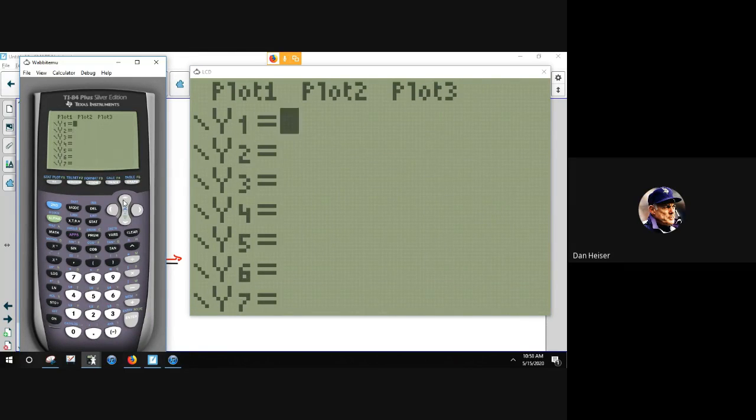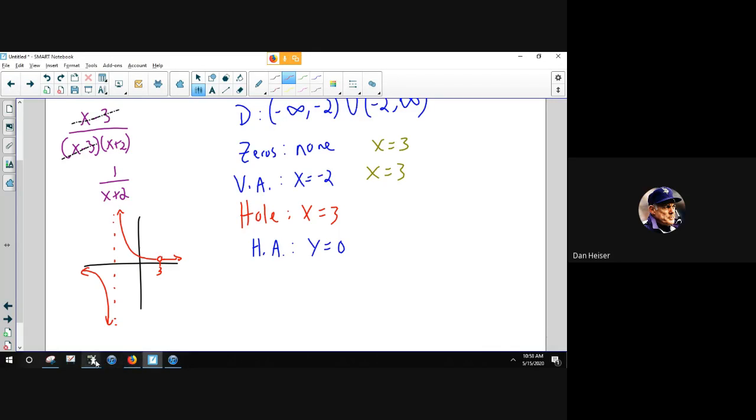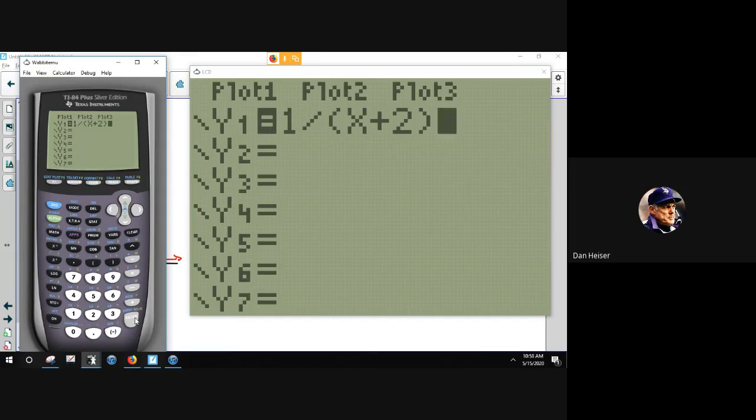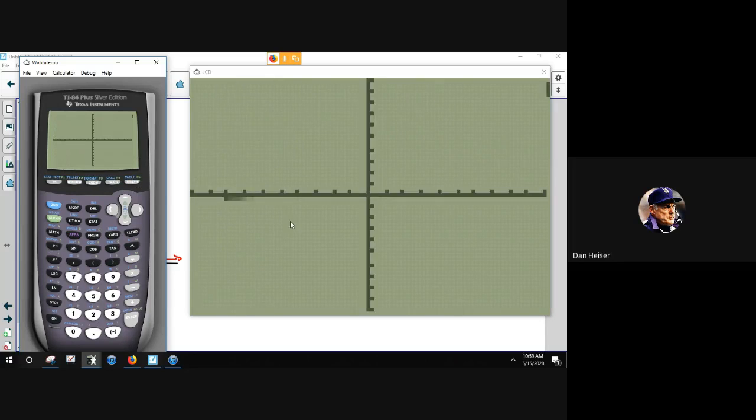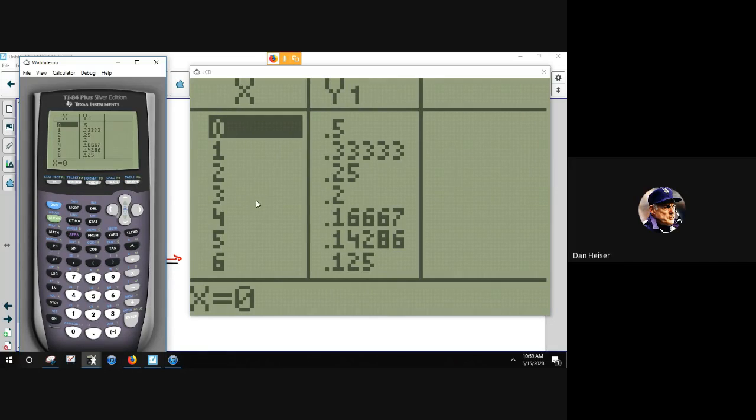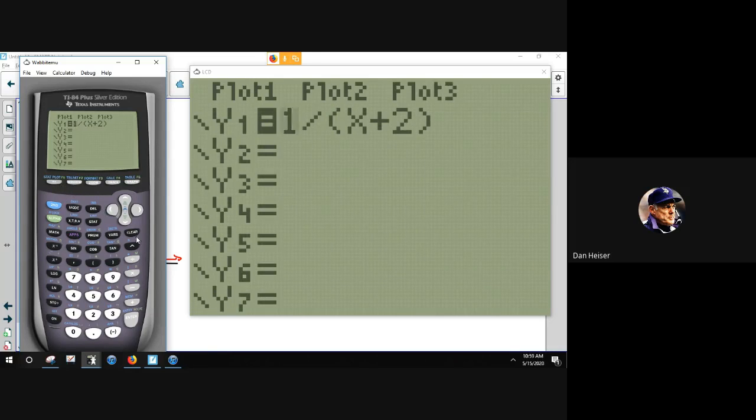Clear this, clear this. This was 1 over x plus 2, I think. Yes. 1 over x plus 2. And then here's our vertical asymptote. Let's go to the table, and we should see, oh, whoops.